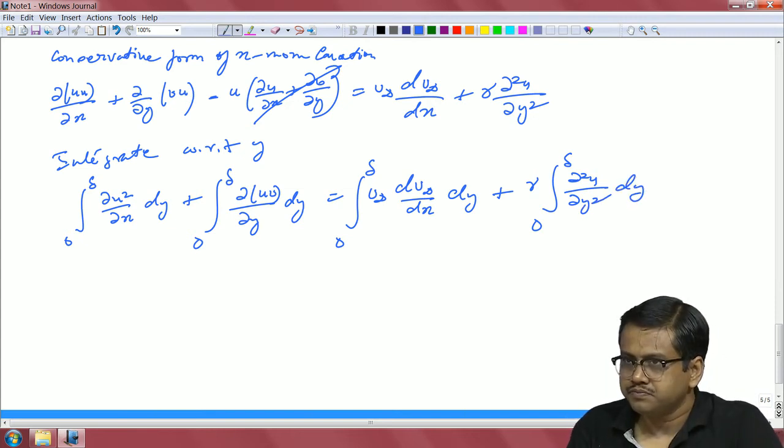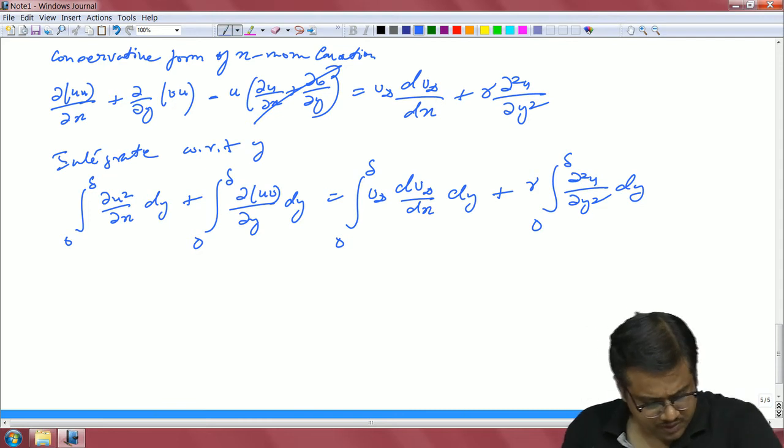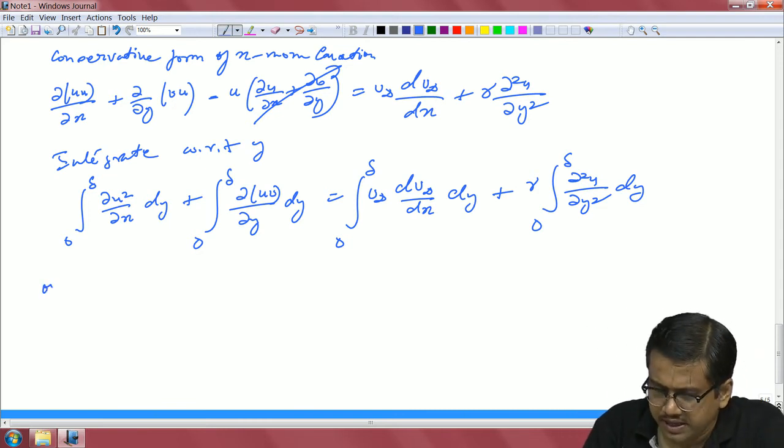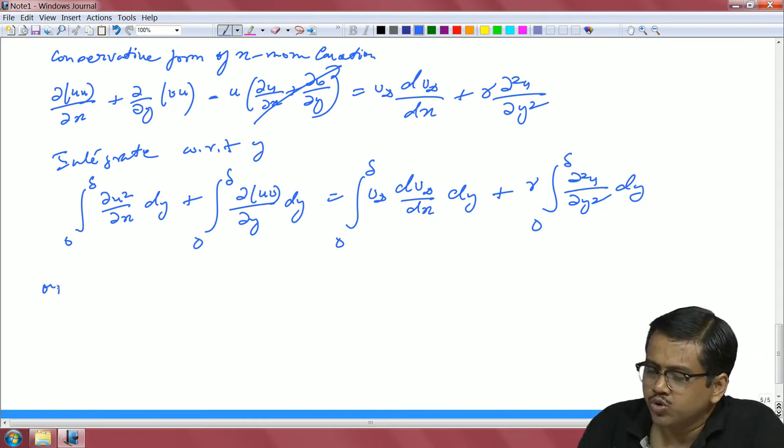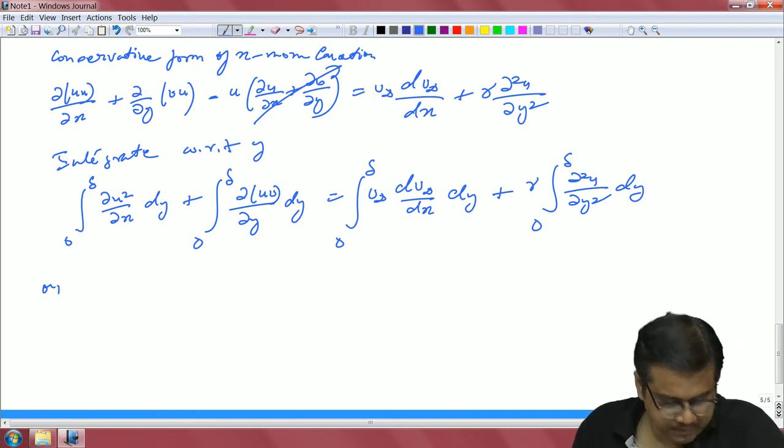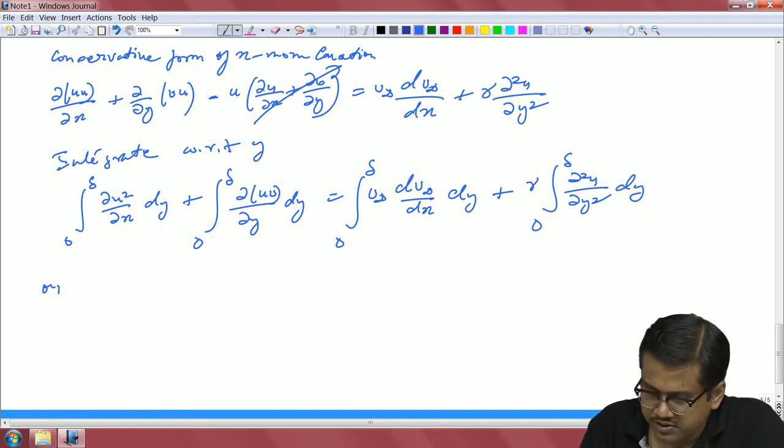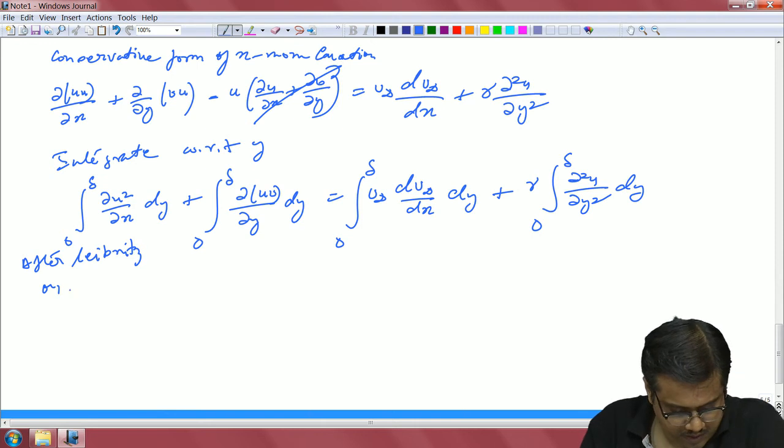Got it? That is the full form. Now, again you can apply your Leibniz. I am not going to go through the steps, but you can apply your Leibniz accordingly. So, the form that you are going to get after Leibniz.